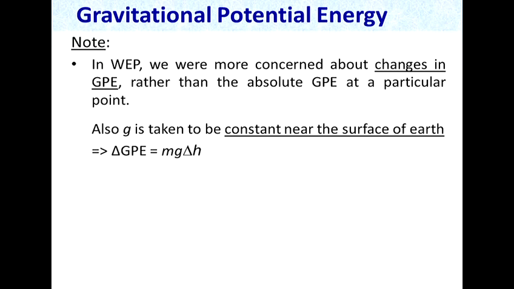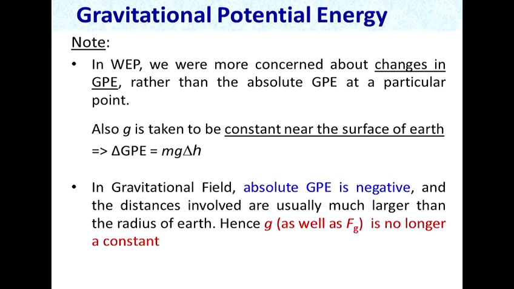But in Gfield, this topic that we just discussed, we are talking about distances that are huge. You're talking about moving objects from one point to another point far away from Earth's surface. So the value of the gravitational field strength, small g, is no longer constant. Also in gravitational field, we learn how to calculate absolute GPE: minus GMm over r.